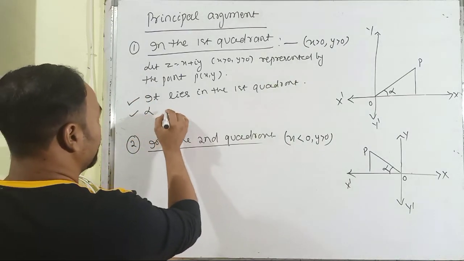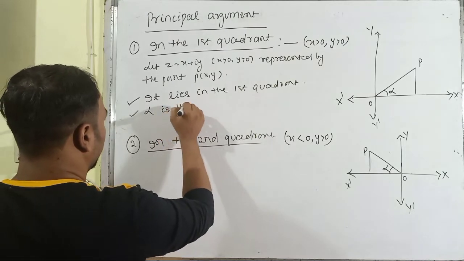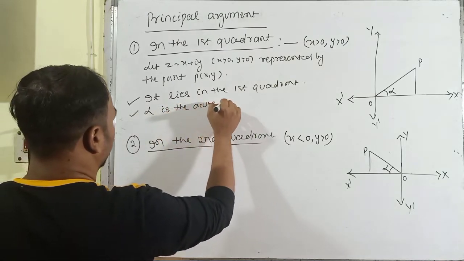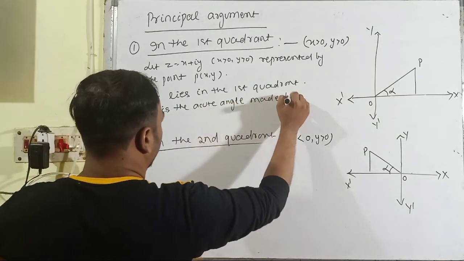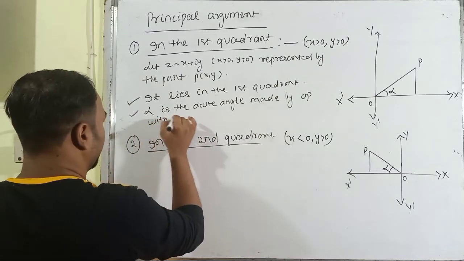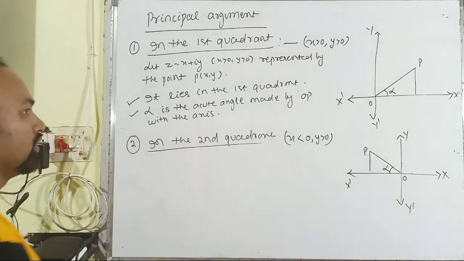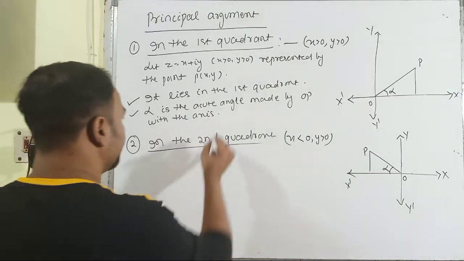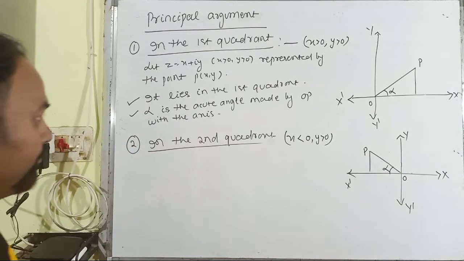Alpha is the acute angle made by OP with the x-axis. Then we have to find out the value of alpha.